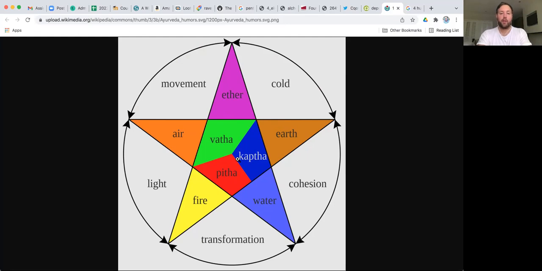So for example, this is not spelled correctly, "kapta," but just bear with me for now. We'll correct it. I've never seen it spelled that way. It should normally be spelled Kapha, so no T there.